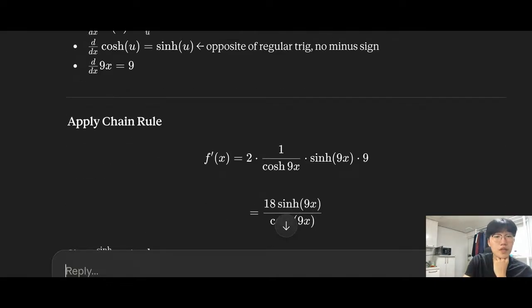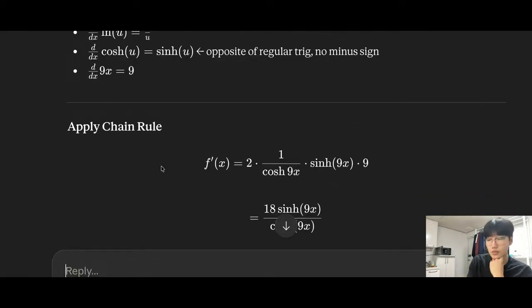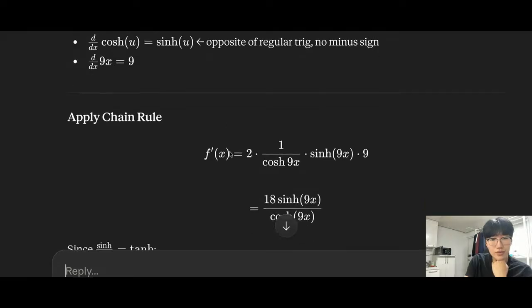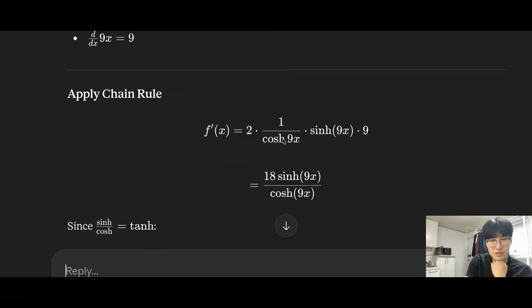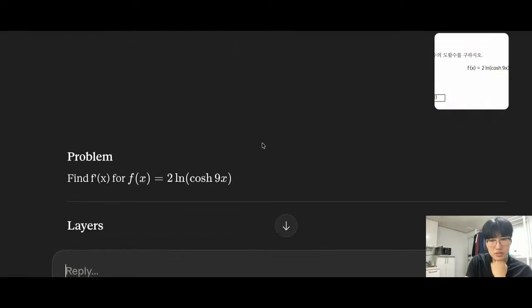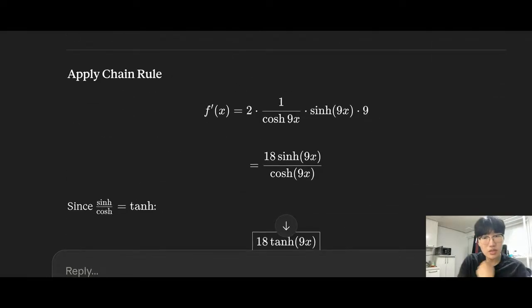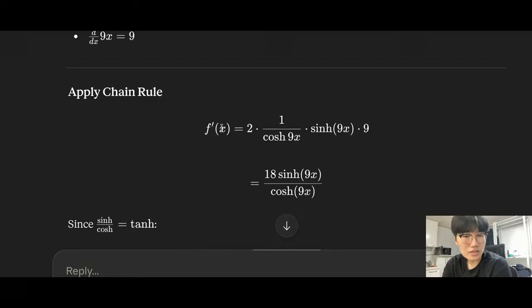Oh, okay. Apply chain rules. So the derivative of 2 whole up. Wasn't it 2 ln? So they're two separate things. So hold up, how'd you do that? 2 times cosh 9x.